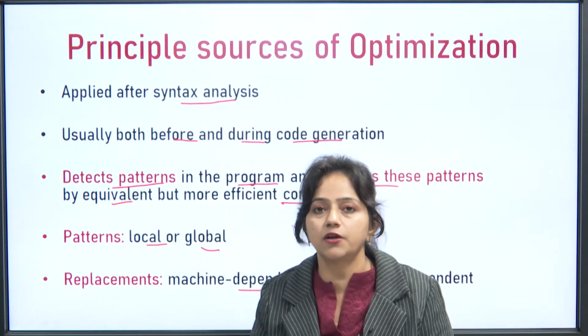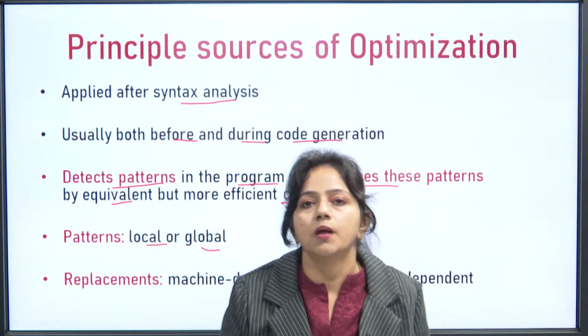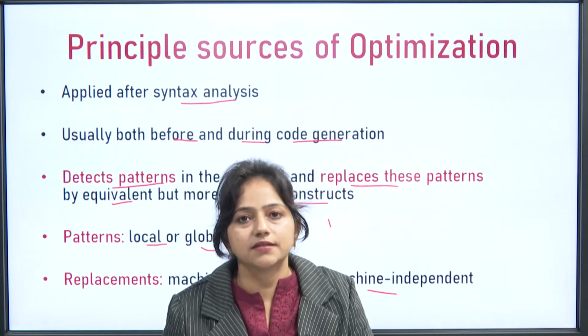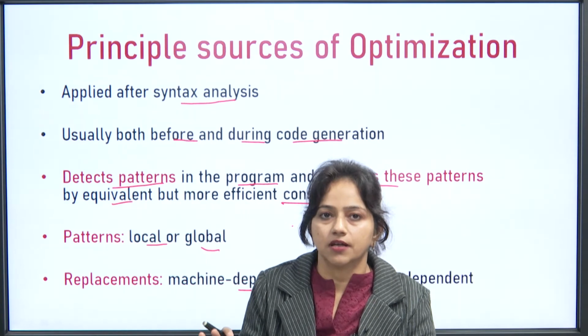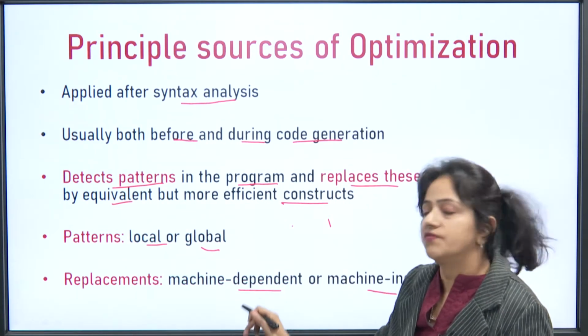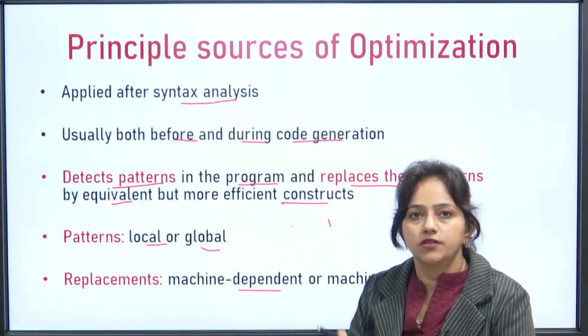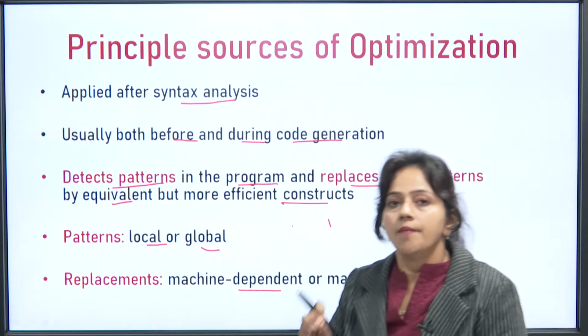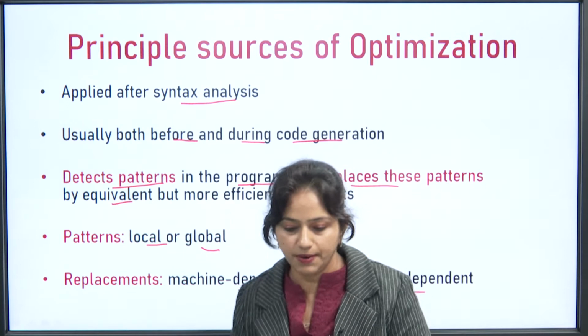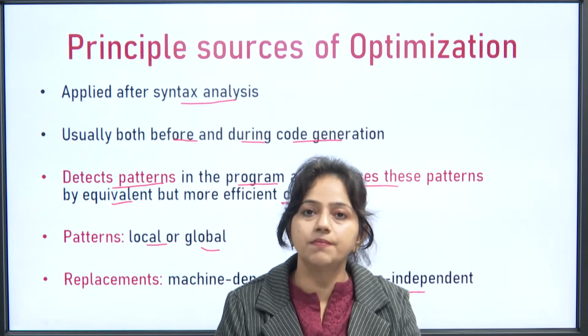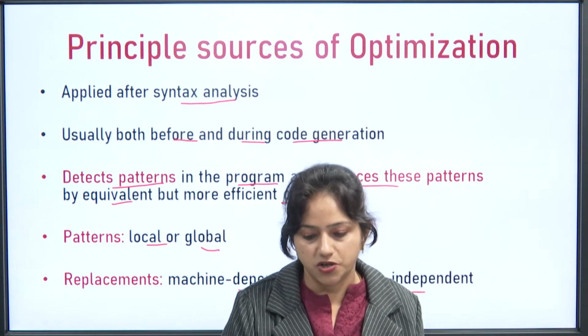Independent means independent of the architecture, the processor or the operating system that we are using. Independent optimization will be generic in nature, while dependent optimization will be specific in nature. So, in today's class we will focus on machine independent optimization, but these optimization techniques can be applied to the dependent version also.